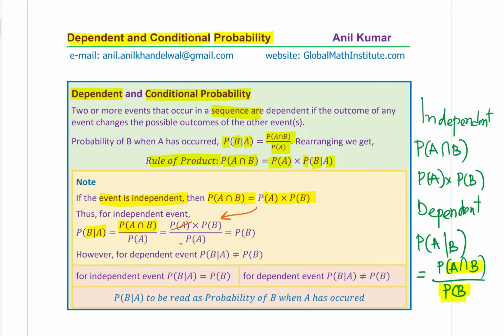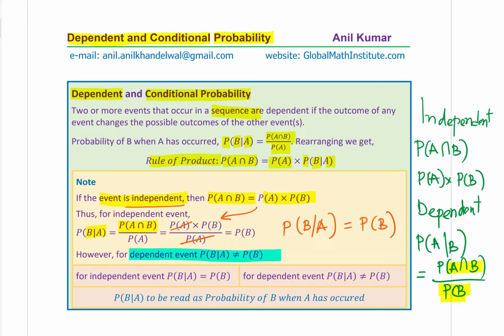And when you do that, the probability of A cancels, and what you get is that the probability of B when A has happened is actually equal to the probability of B in case of independent events. Do you see that? It is the same probability. However, remember that if it is a dependent event, it is never the same. So that is another way of proving algebraically whether the given information relates to dependent events or independent events.